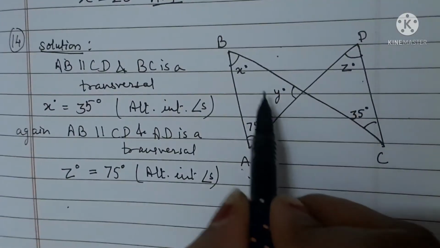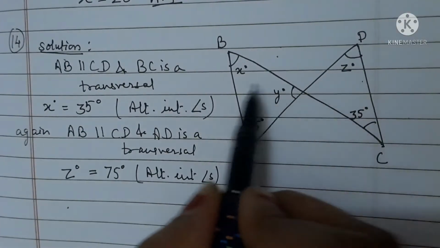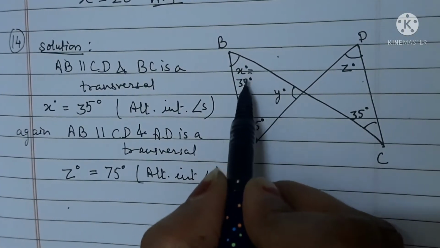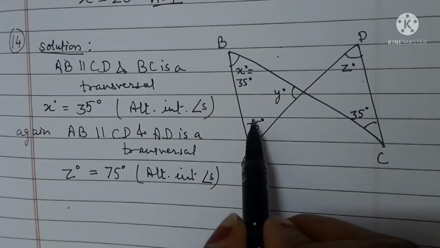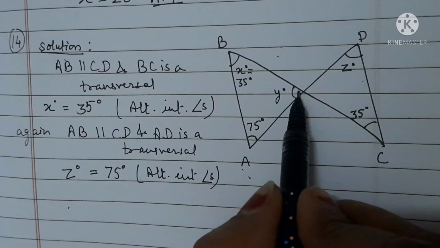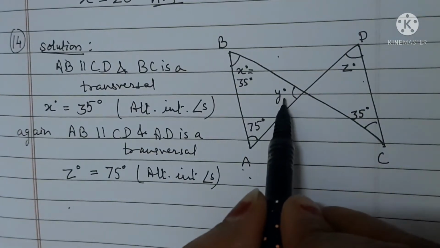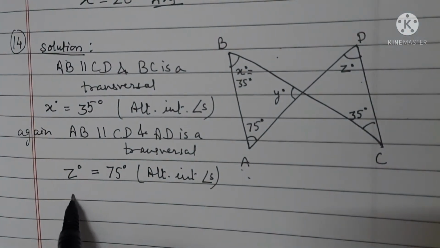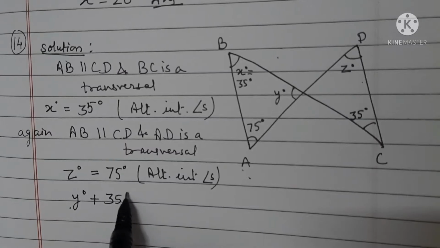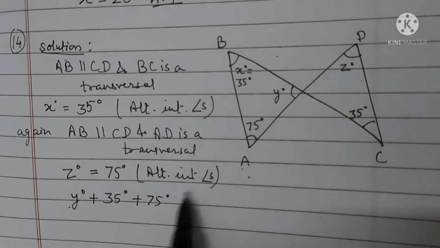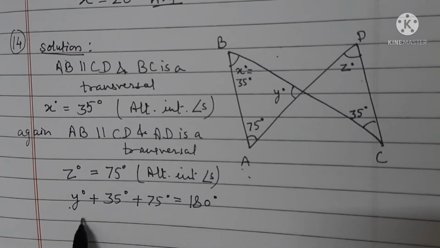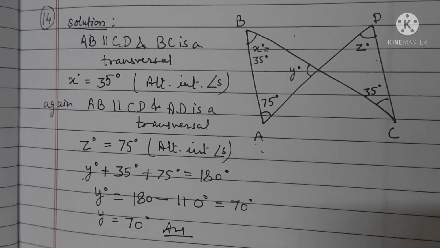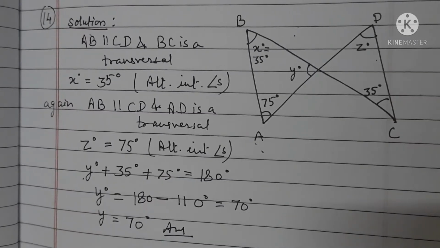So you have got both of these. Here x is equal to 35 degrees, this is 75, and the sum of angles in a triangle is 180 degrees. So y degrees plus 35 degrees plus 75 degrees is equal to 180 degrees. On solving you will get y is equal to 70 degrees.